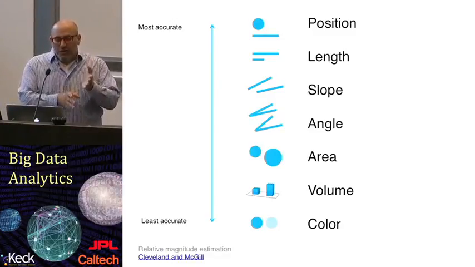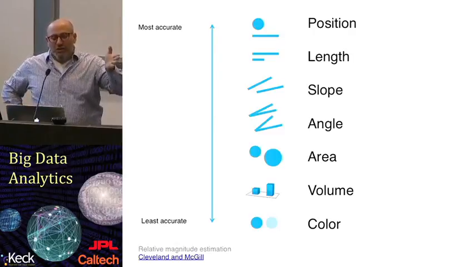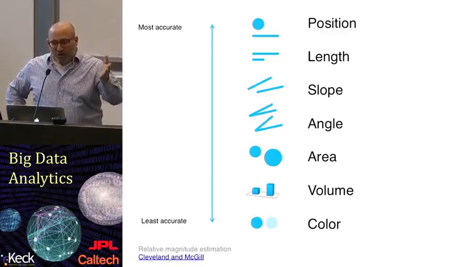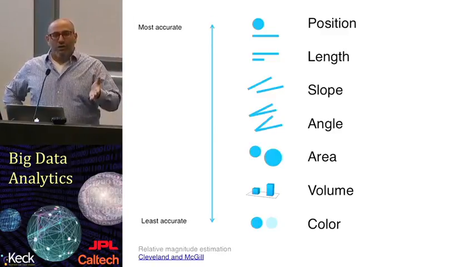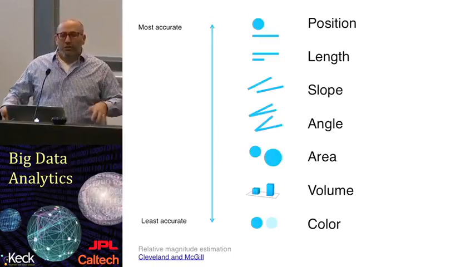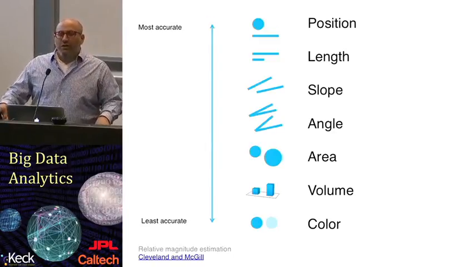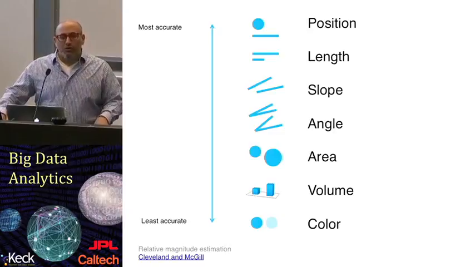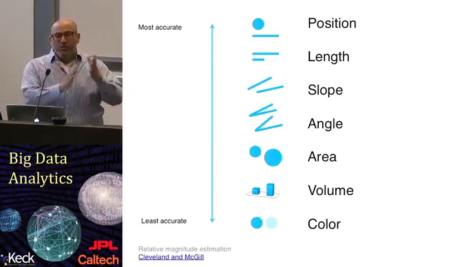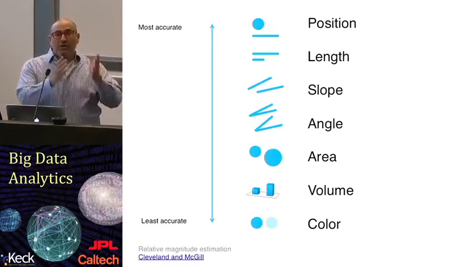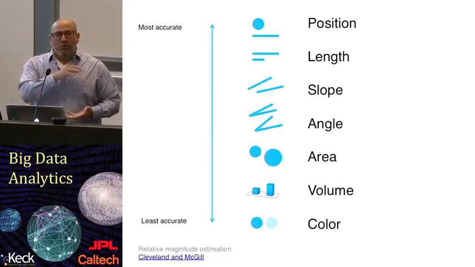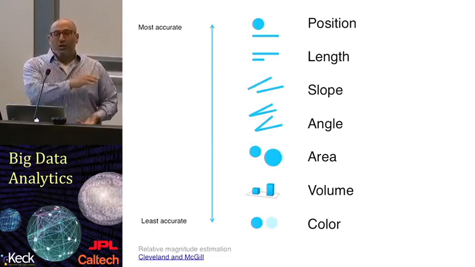And so you can see that position is a much clearer difference to the human mind than color. So what this means is that when you are making a visualization, the variables that are the most important are often best mapped to position and length rather than color, because it's hard for the human mind to perceive differences in color.